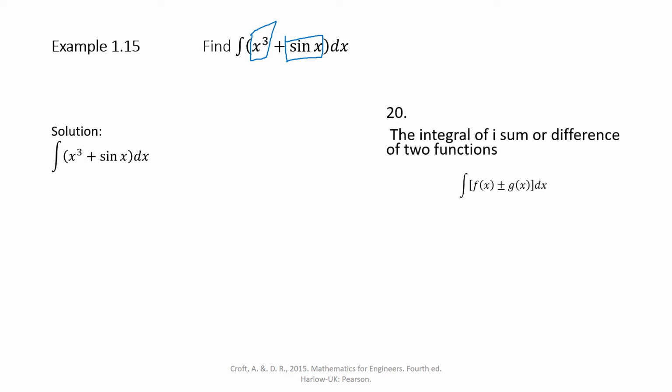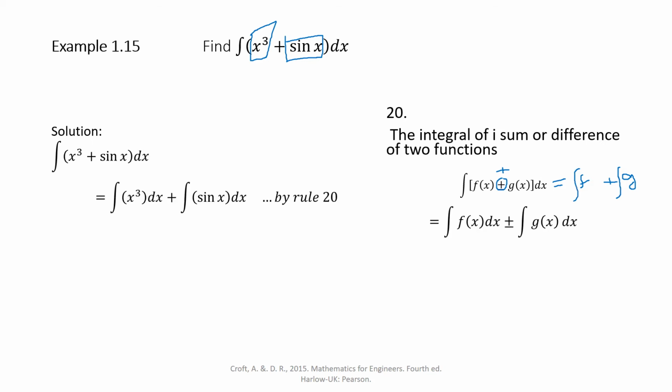That is rule 20. Okay, rule 20, but we have addition. So for this I will write only plus. It will be equal to the plus of f and g integral.